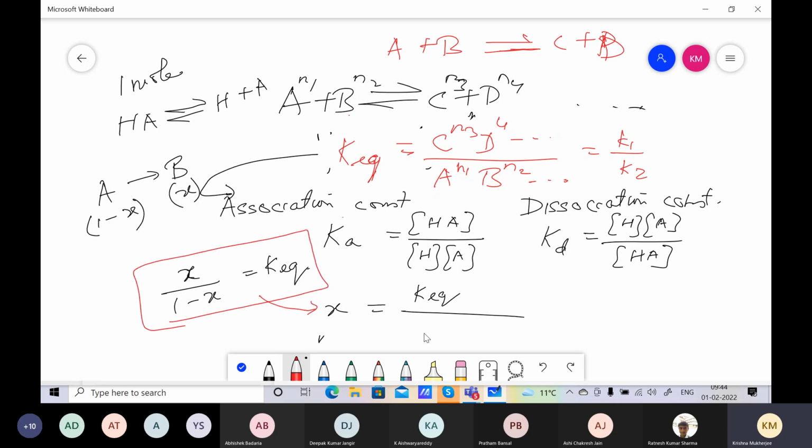X is equal to K equilibrium into 1 minus X. अरे X का टर्म कैसे आएगा भाई? In terms of K equilibrium बताइए. 1 plus K equilibrium. हाँ, thank you. Okay, so X can be determined from the equilibrium function.